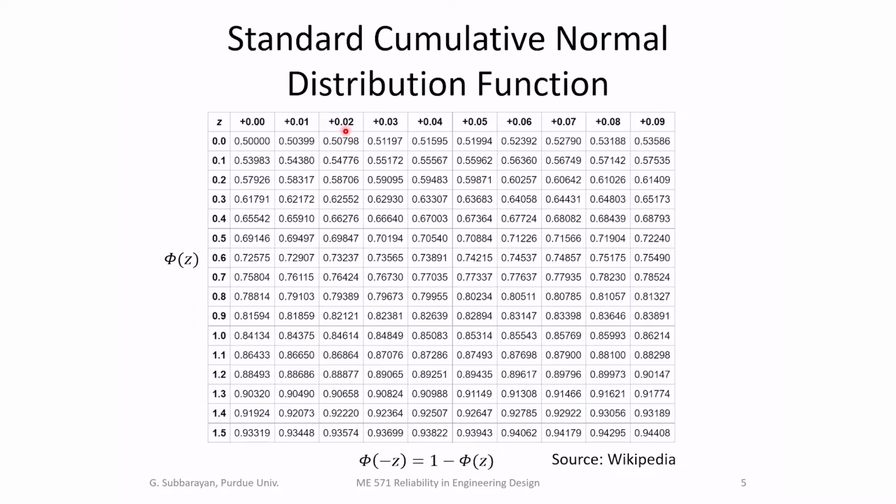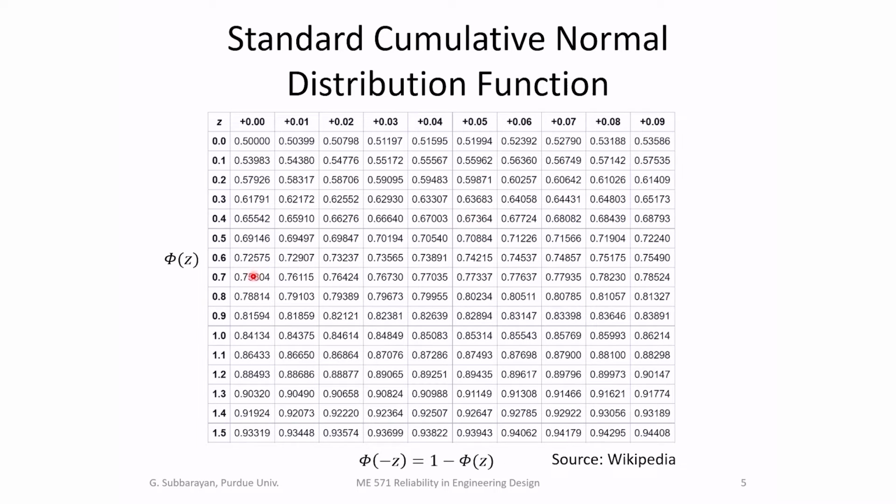This is 0.02. So for a z value of 0.02, this is the CDF. For 0.03, this is the CDF, and so on. So for, say, 0.45, that would be my CDF corresponding to a z value of 0.45.